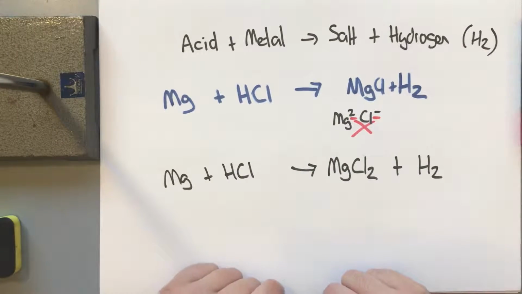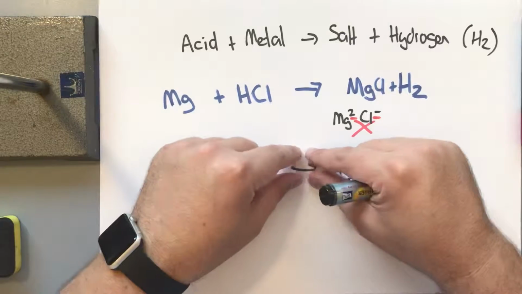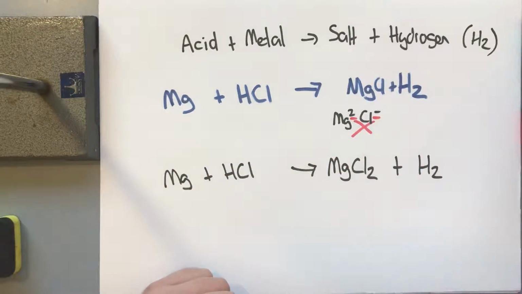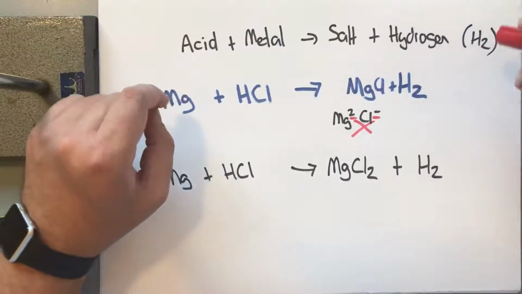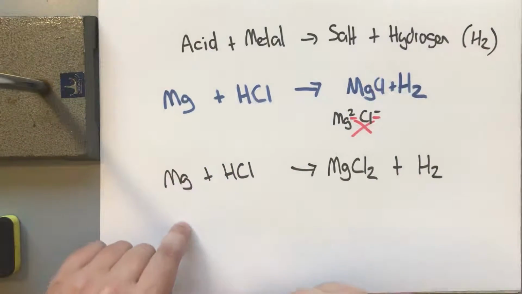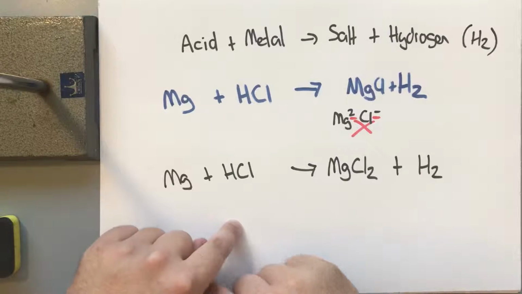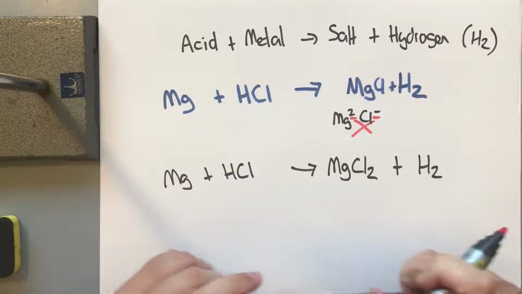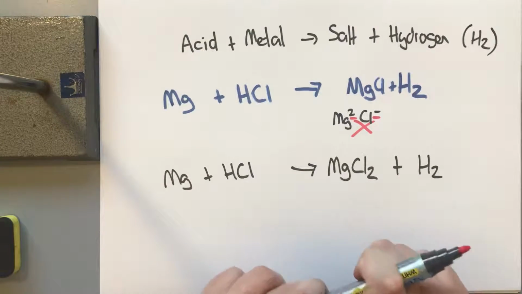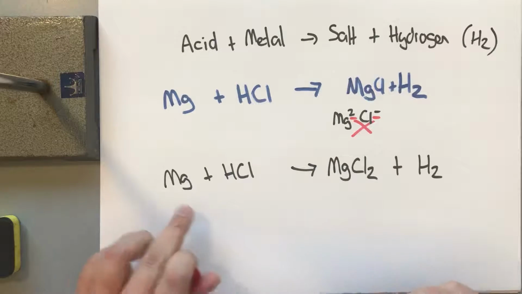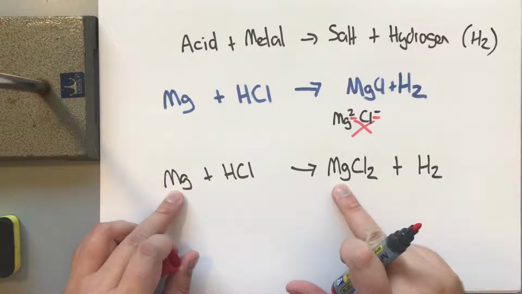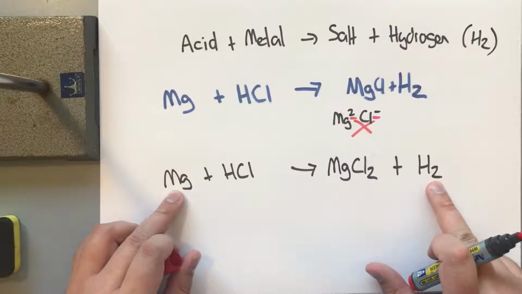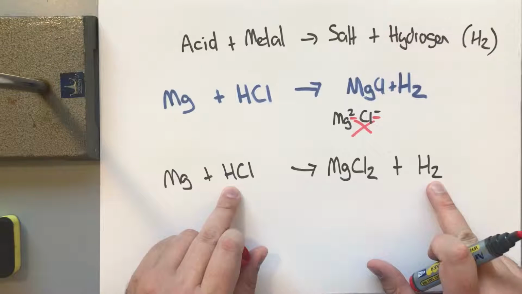Our reactants are balanced. We need now to check that our whole equation is balanced. Now this one is pretty straightforward, so I'm going to do it without doing our usual magnesium, hydrogen, chlorine, and counting them up. I think this one you should be able to follow along just by looking at. So we have our magnesium, there's one here and one magnesium there, so that's balanced. Now we have 2 hydrogens here, but only 1 hydrogen there.